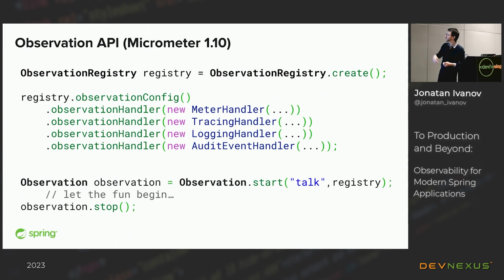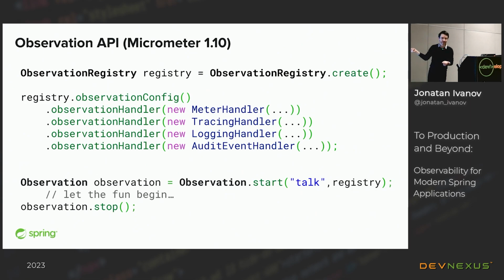So there is a concept called observation handler. The observation handler is basically kind of like a listener, if you will. It will be notified when somebody starts an observation, or somebody stops an observation, or signals an error, and so on. So this means that you can write handlers like this. For example, a meter handler can start and stop a timer when somebody starts and stops an observation.